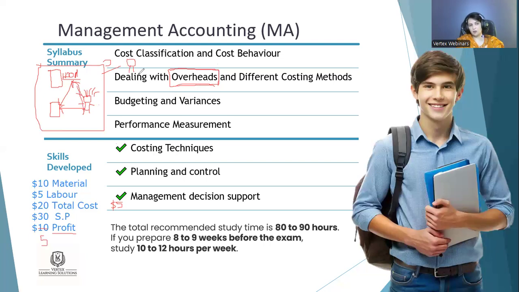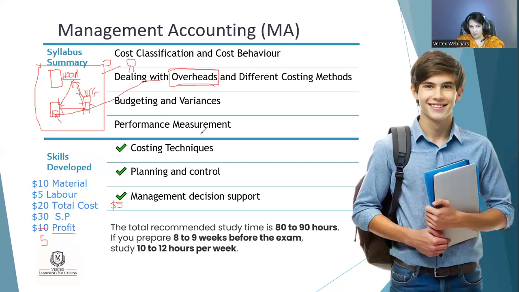You need to absorb those overheads, because these are incurred. When there is cleaning staff in the factory, why are they there? They are there just because of that product being produced. If there is no production, they are not required. Why have you hired all those people, just because you want to produce? So that's why that cost should be absorbed there.